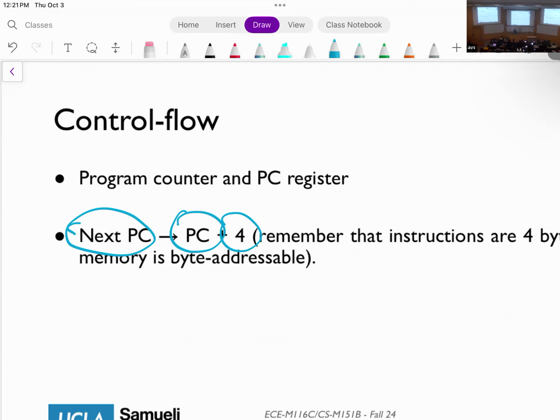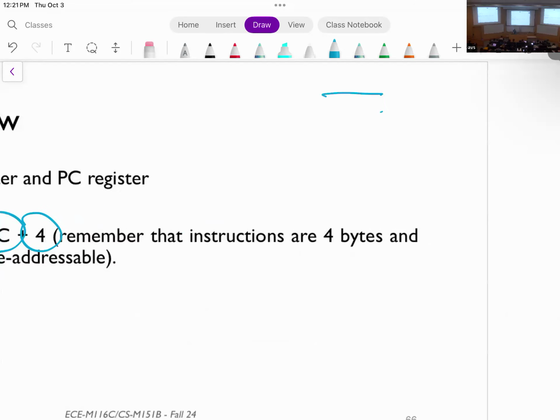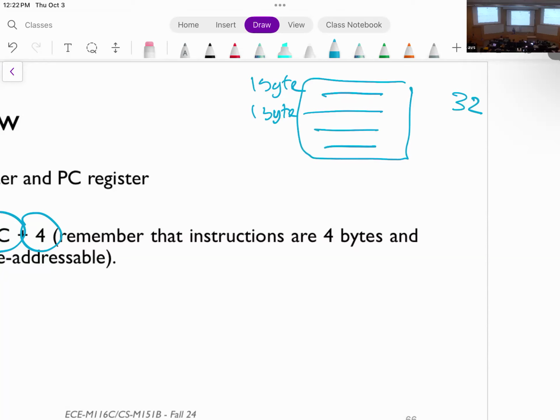Exactly. So remember I told you that each line in the memory is 1 byte and our instructions are 32-bit. So essentially, each instruction is 4 bytes. In other words, each instruction is 4 consecutive lines. So if I read the first instruction, which is the beginning here, the next instruction is 4 addresses down, because we read 4 bytes together, and that's one instruction.